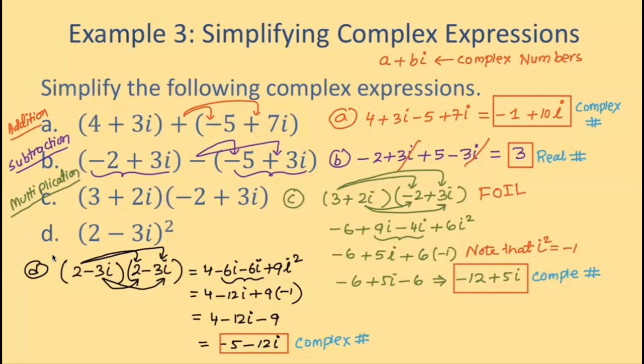Division. Sure, we are going to do some division of complex numbers. But before we move on to division, is there any question on this slide? We did quite a bit of work there. If you have no question there, let's move on then.